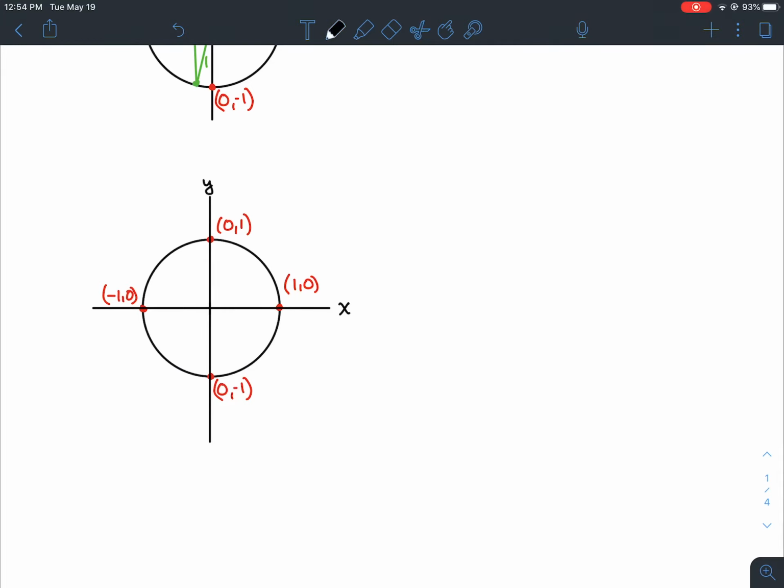Okay, so with sine of theta, we are looking at what we're going to call the height of our triangle. And that's what we're measuring. Okay, so when we're looking at sine, we're measuring the height.